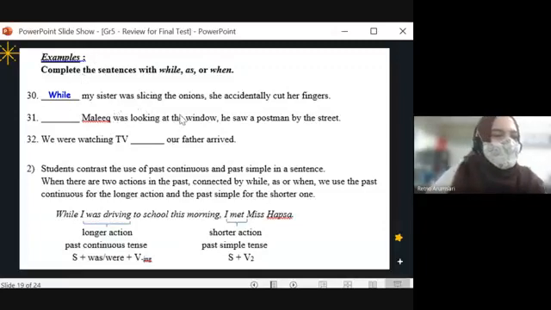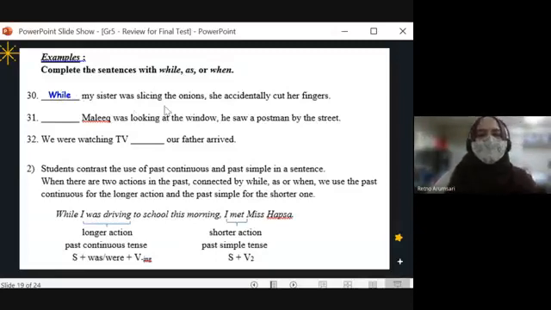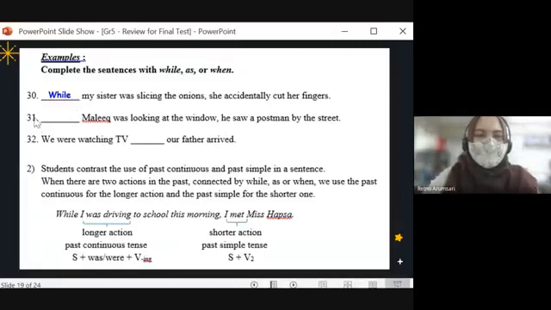Why? Because first, the gap is at the beginning of the sentence, and second, it is followed by the longer action, the past continuous one. Right? Alright. Thank you, Desda. Now, Naura, what about number 31? What do you put here, Naura?